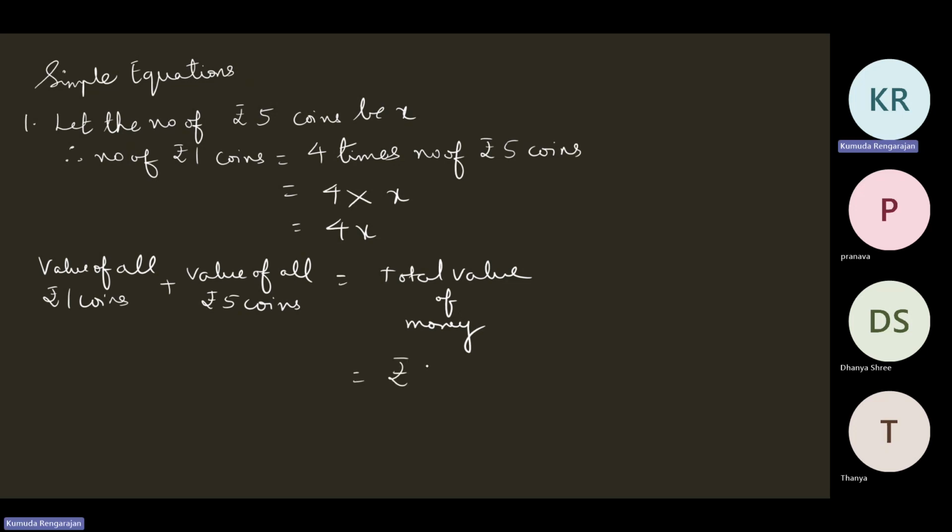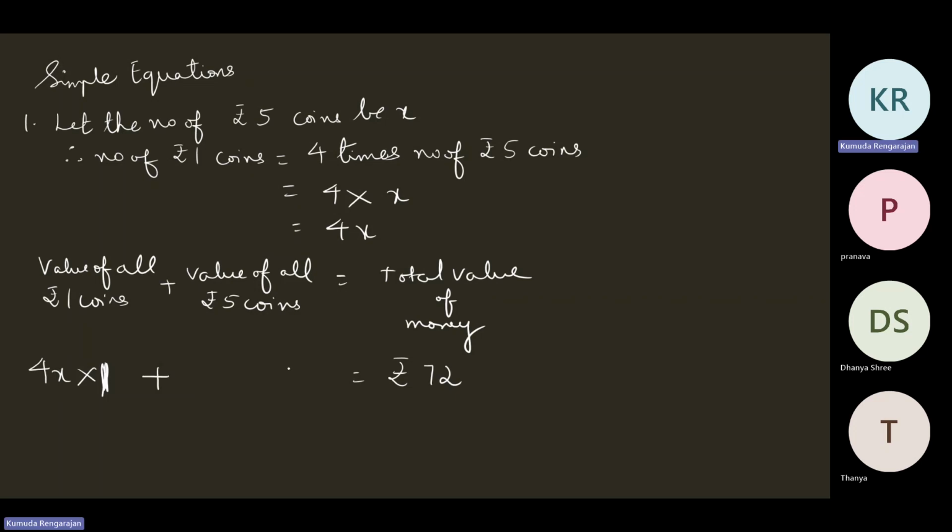So rupees 72 is the total value of money. Now, what's the value of all the 1 rupee coins? How many 1 rupee coins? 4x 1 rupee coins. So number of coins into the denomination.